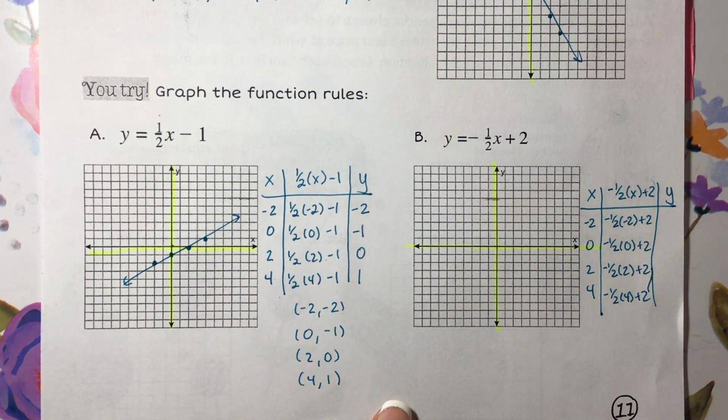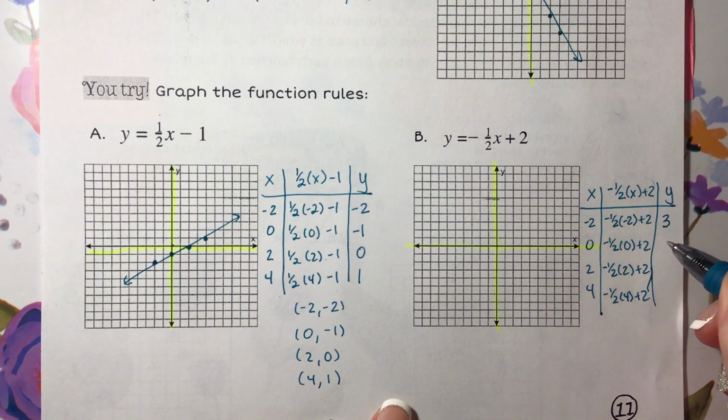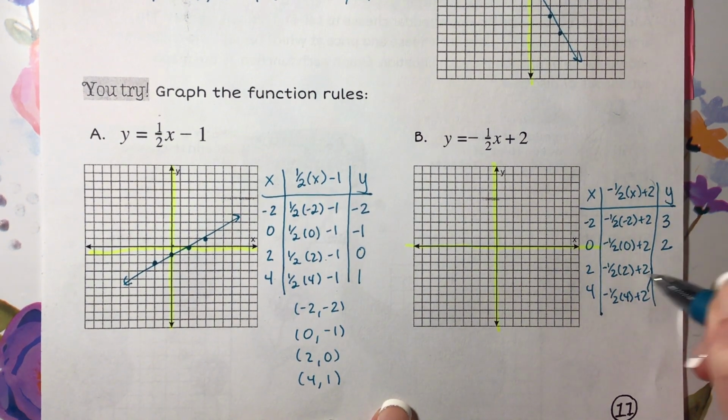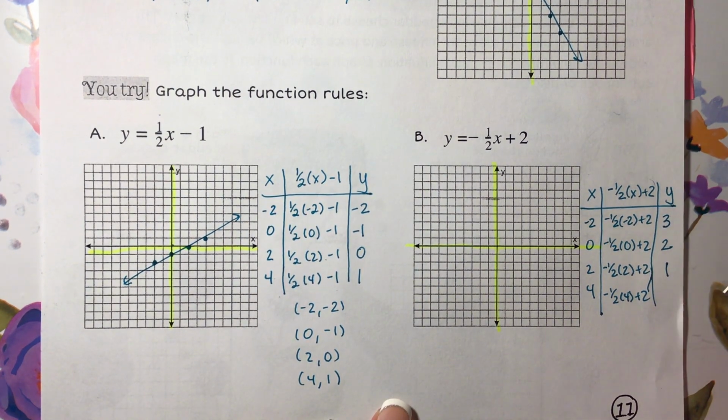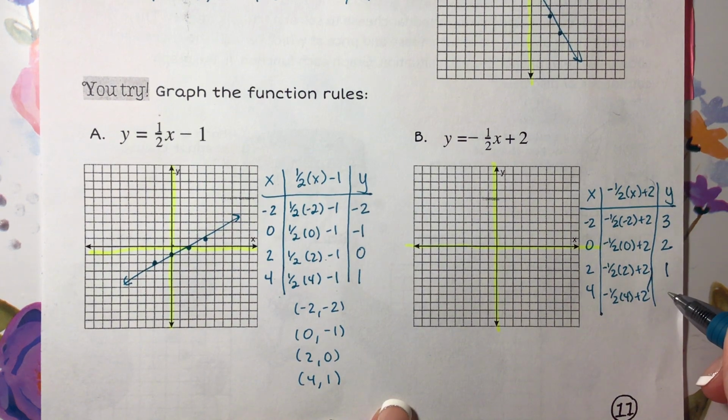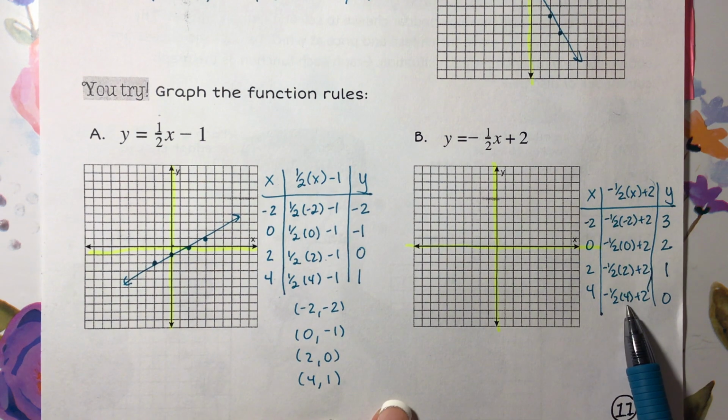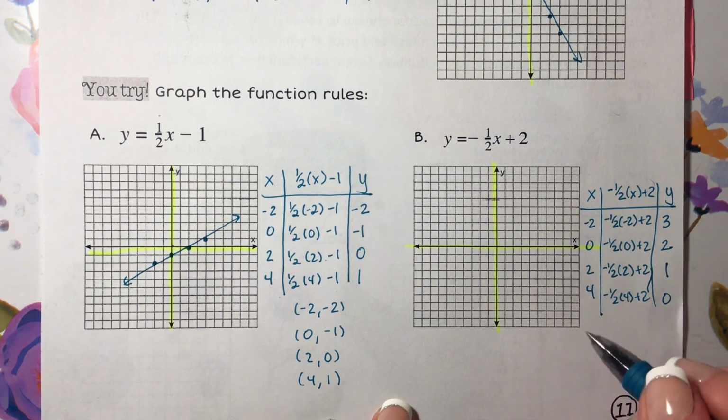Now I'm going to simplify that, and I am going to be getting 3, 2, 1, and 0. Yeah, because -1/2 times 4 is -2, and -2 plus 2 is 0. Yes.